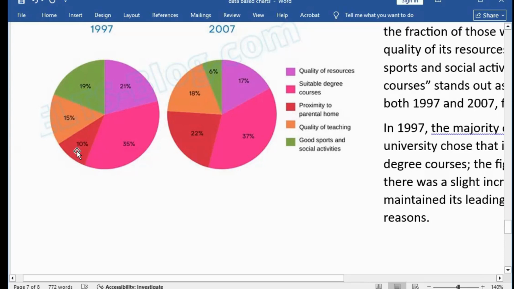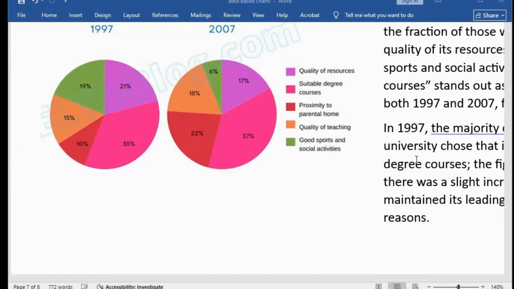Am I going to write about this red one or this orange one or this green one or this purple one? Let me see. I want you guys to give me your answer. Let me be sure you guys are following me. Oh. Somebody says purple. Another person says purple. I guessed as much.